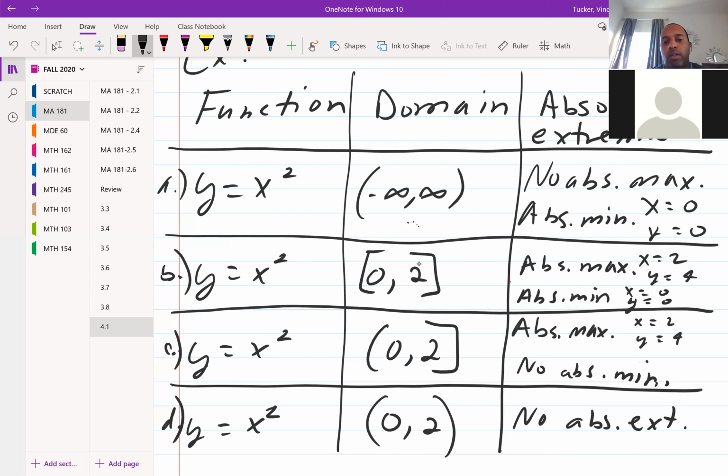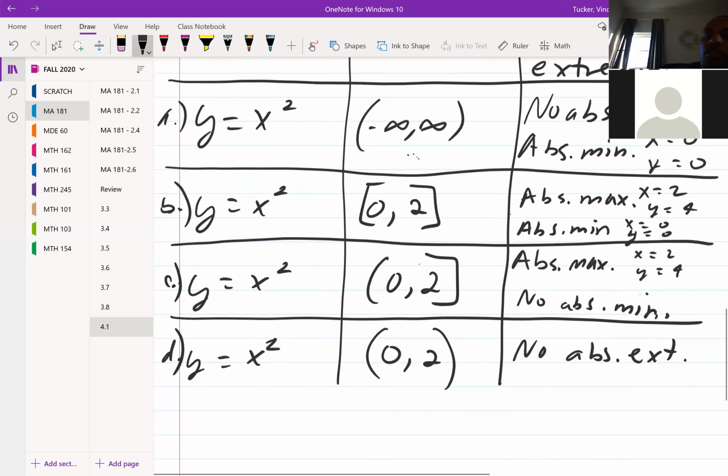Then if the left side is open and the right side is closed, in other words, for the interval from 0 to 2, that means there will be no absolute minimum, and an absolute max at 2. And if it's an open interval from 0 to 2, there's no absolute extreme. So let me draw those out so you can see what we mean.